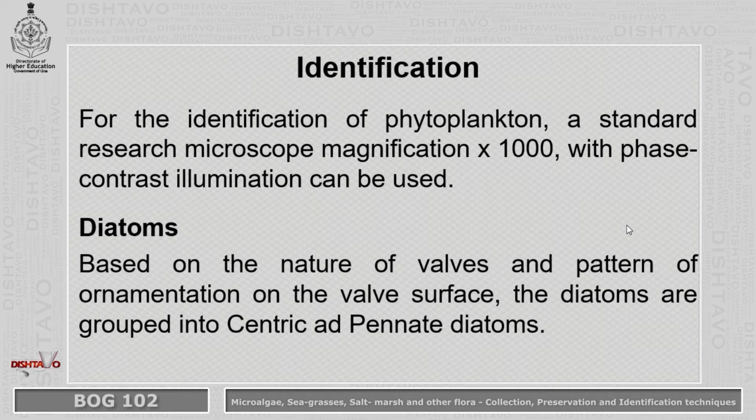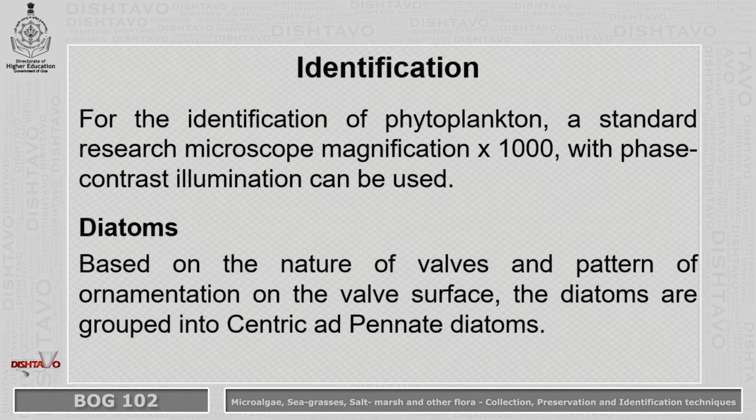There are various groups with a set of characters in phytoplanktons. Phytoplanktons are not in one single group in taxonomy anymore. They are diatoms, which belong to Stramenopiles. They can be cyanobacteria also. There can be dinoflagellates also.